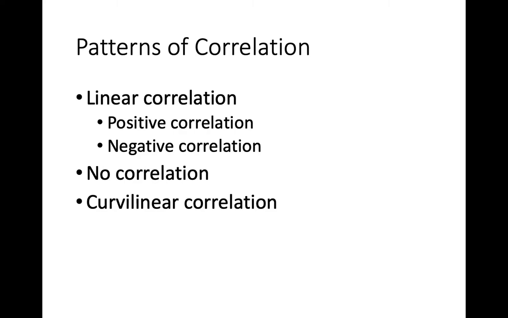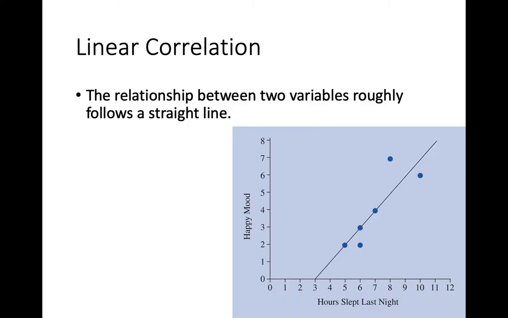So far, we've seen examples of positive correlations, but we'll go over examples of negative correlations as well. It's also possible to have a pattern in which there is no correlation between two variables. So there's no relationship. So I'll review that, and then I'll also review curvilinear correlations as well.